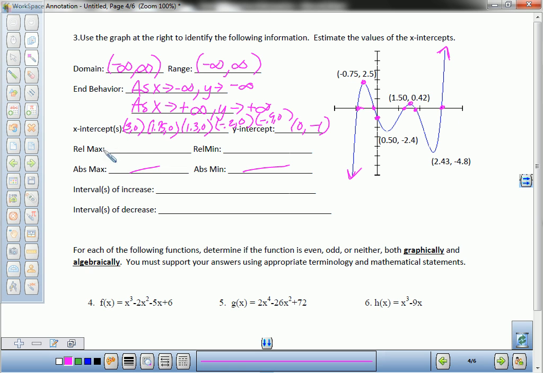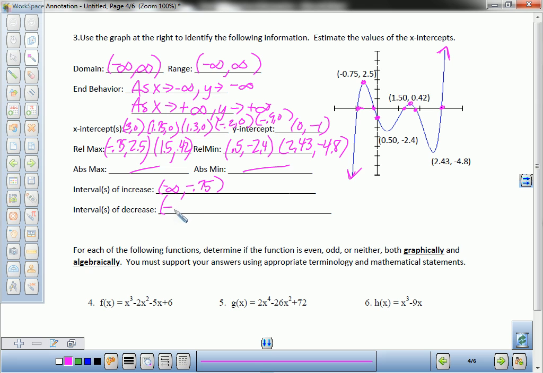So we have a relative max at the points -0.75, 2.5, and again at 1.5 and 0.42. We have a relative min at the point 0.5, -2.4, and again at 2.43, -4.8. This one is increasing from -infinity to the first x value, which is -0.75.